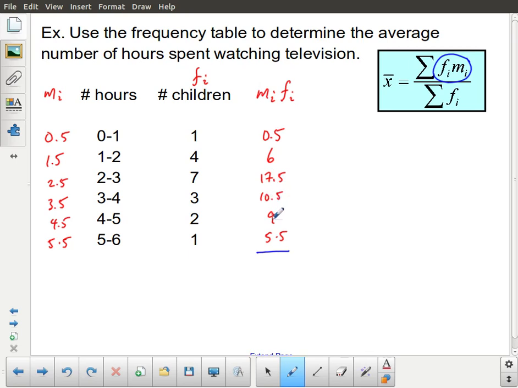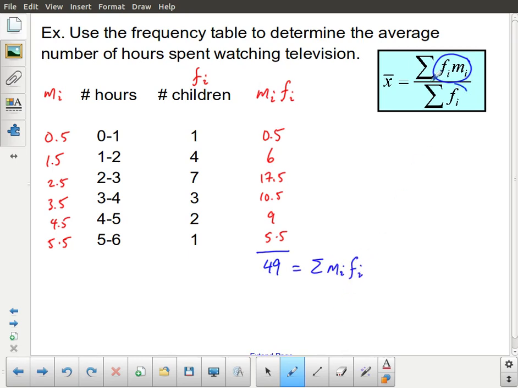And then plus 9, so that's 37. Let's finish this off down here. 37 plus 5.5 is 42.5, 48.5, 49. So I end up with 49 when I add all of those up together. So this is equal to the sum of MIFI.